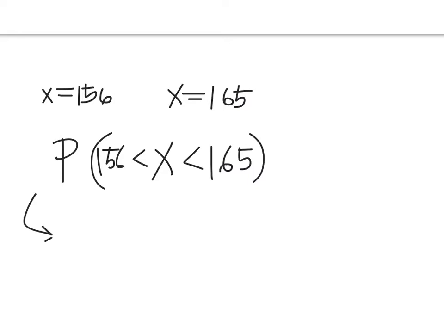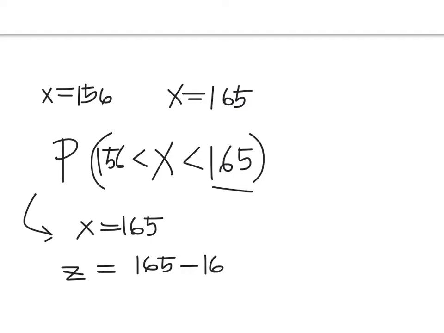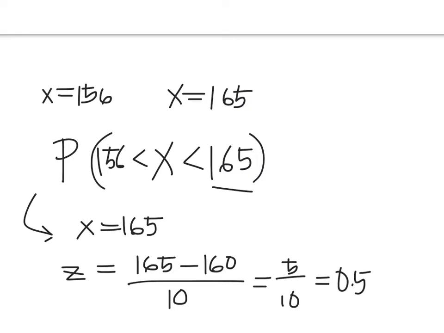Okay, so you can start with a larger number. So take x equals 165. Use the z formula to find the z-score for 165. So that's 165 minus the mean 160 over the standard deviation 10. And this is equal to 5 over 10, or 0.5.